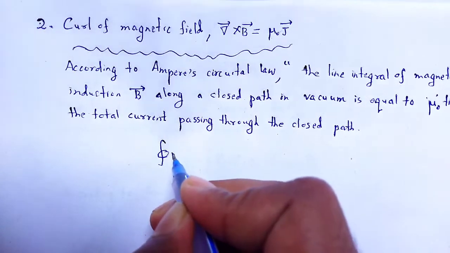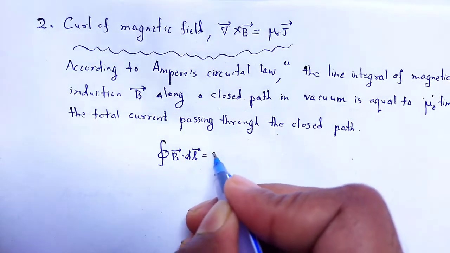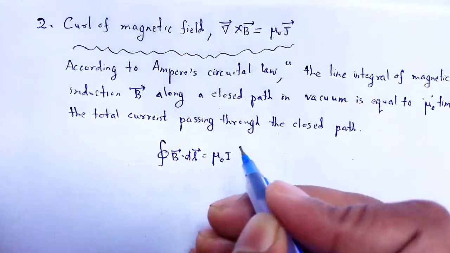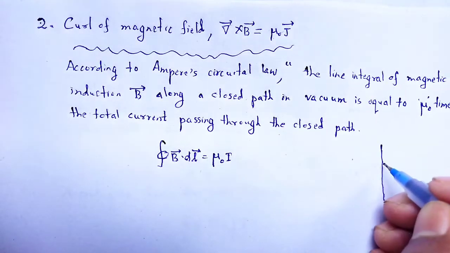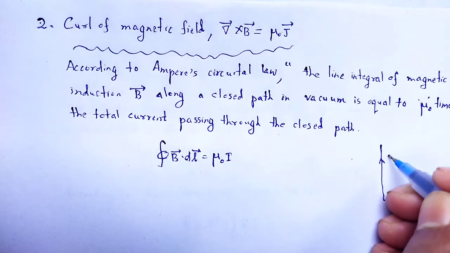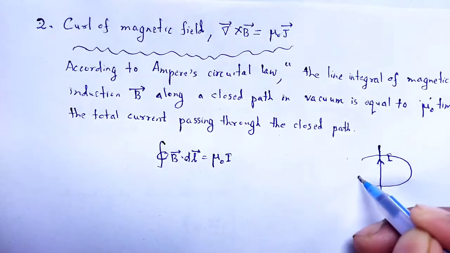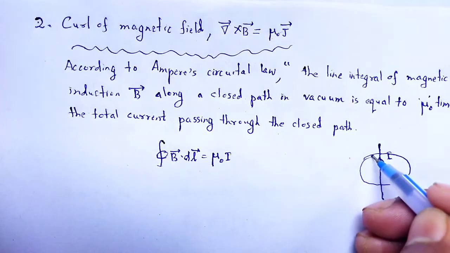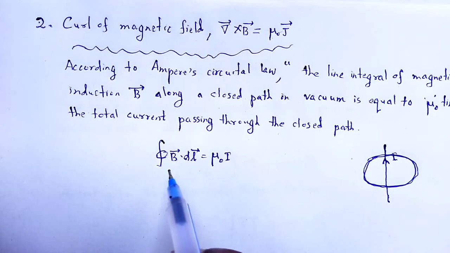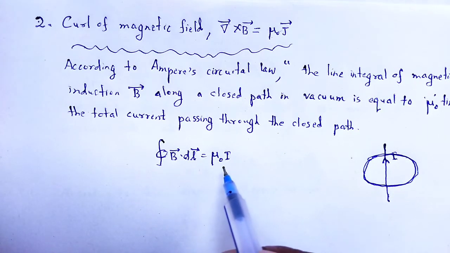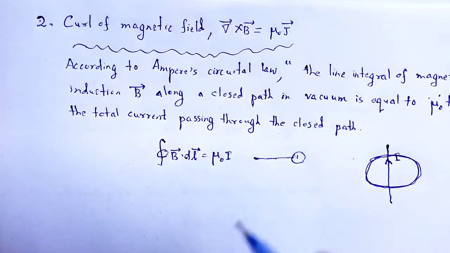That is integration over B dot dl is equal to mu naught times the total current enclosed. If I amount of current flows through a straight conductor, magnetic field is produced here. So the line integral B dot dl is equal to mu naught times the current enclosed. That is equation number 1, from Ampere's circuital law.